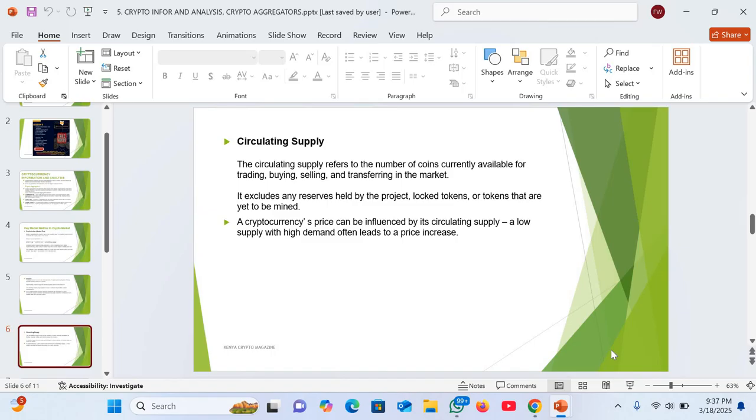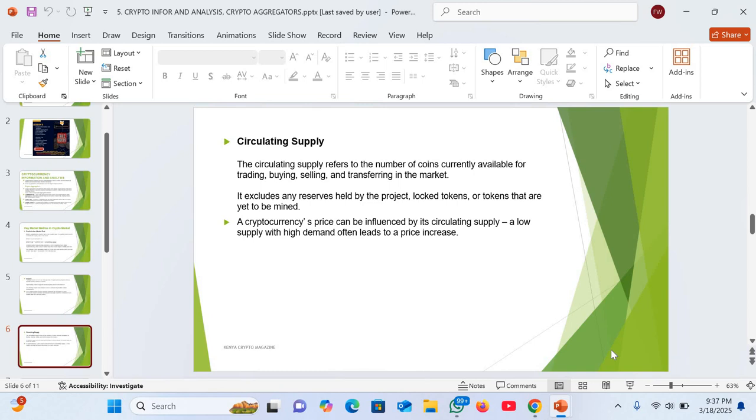So if you look at the majority of these meme coins, and compare their circulating supply to the circulating supply of Bitcoin, you realize that Bitcoin is very scarce. And we all know that if something is scarce, it usually has more value. Another good example is gold.